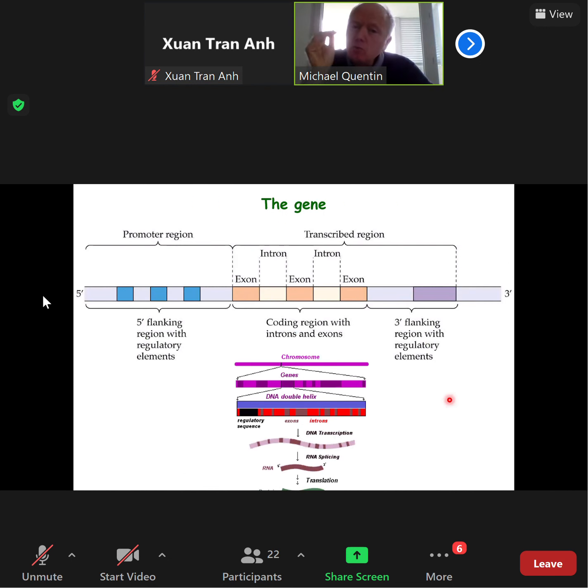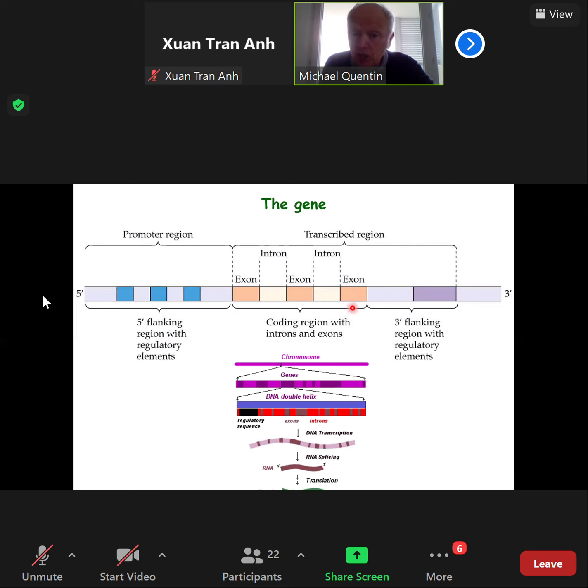I told you a little bit about this before. A gene is made of DNA. We can identify different regions in the genomic sequence of one gene. There is a coding region with introns and exons.